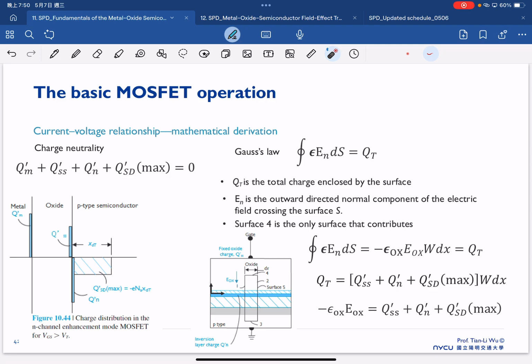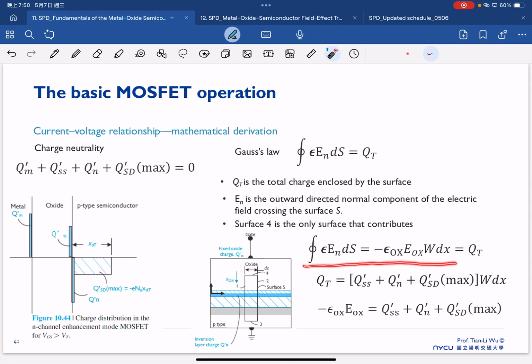We consider this Gauss law where our Qt is the total charge enclosed by this surface, and En is the outward direct normal component of the electric field across the surface, and surface 4 is the only surface that contributes. So in the end, we can have this one.